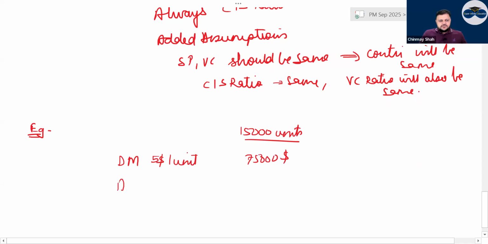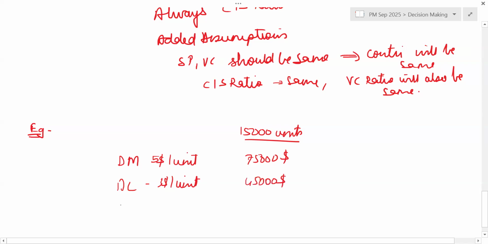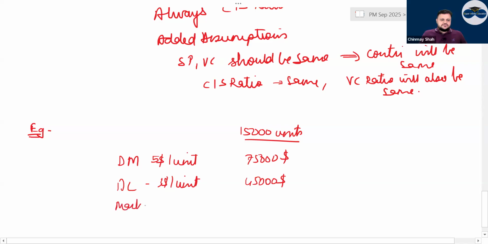Correct? Direct labor $3 per unit. कितना आएगा? 45,000. Correct? Then you have machine overheads $2 per unit, $30,000.